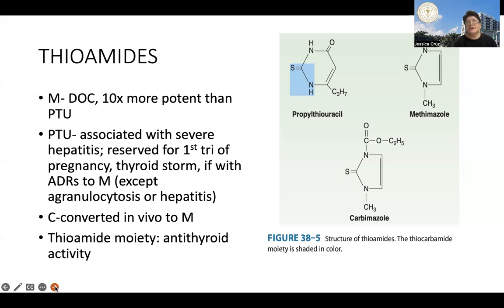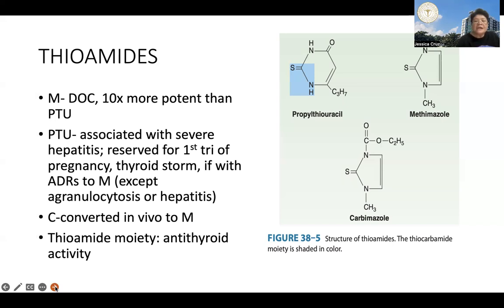It is also used for thyroid storm. Methimazole is also used for thyroid storm, especially in individuals who have adverse drug reactions to PTU, except for agranulocytosis or hepatitis, because there is a 50% cross-reactivity, which we'll go into in a while.